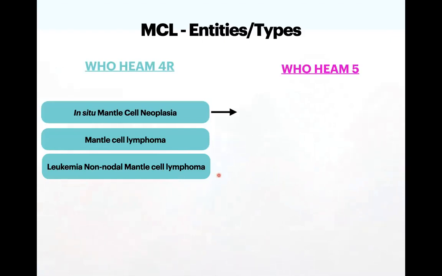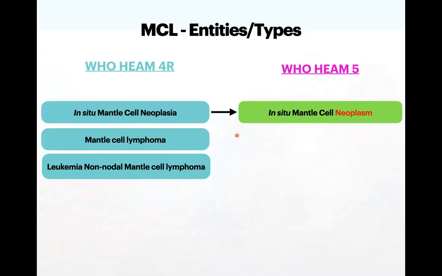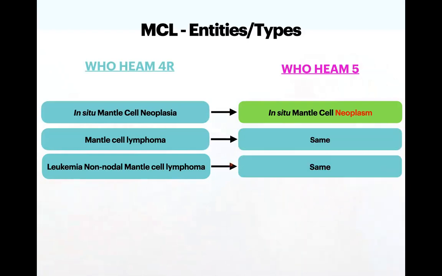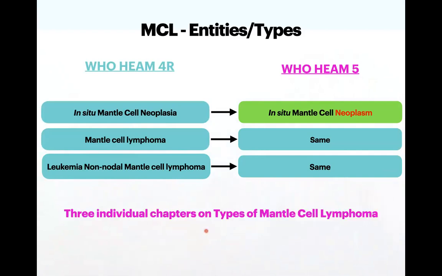It's just that in situ neoplasia becomes neoplasm, while the rest of the two remain the same. So the entities are not changed much, barring this name, but the risk stratification is improved. And previously all three were included in a single chapter. Now they have three individual chapters for the different types.